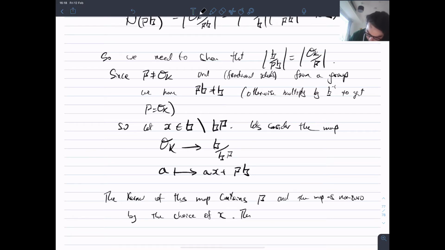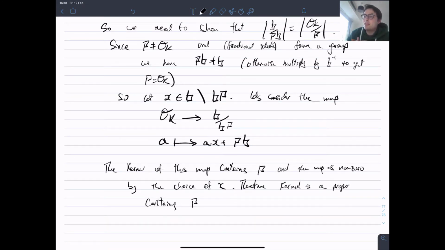Therefore, the kernel is an ideal. Kernel is always an ideal. In this case, it's a proper ideal containing p, but p is maximal, right? So it can't be containing any proper ideal unless it's the whole thing.